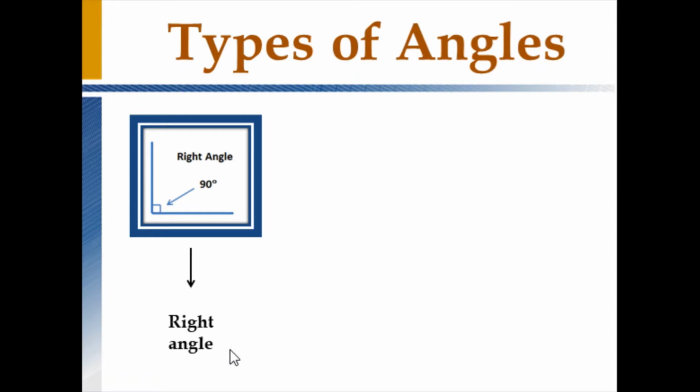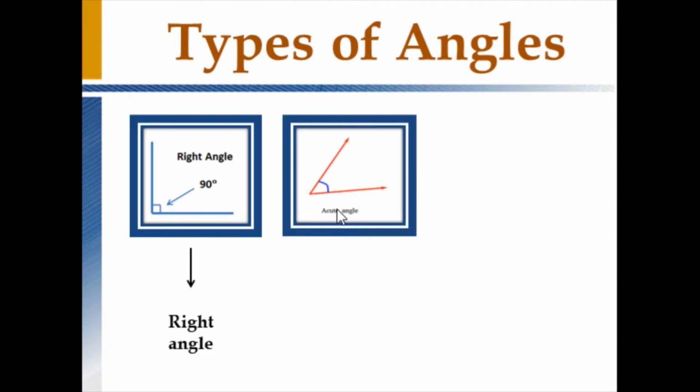Okay, how about if the angle is less than 90 degrees or smaller than a right angle? What do you call it? We call it an acute angle.